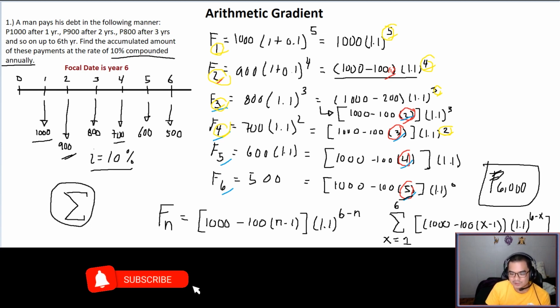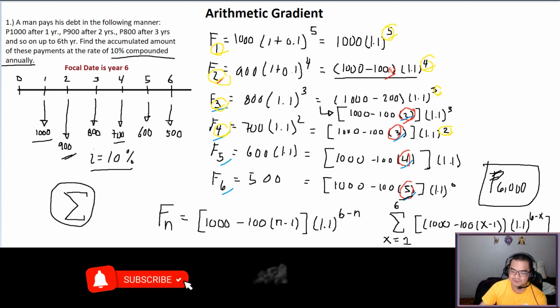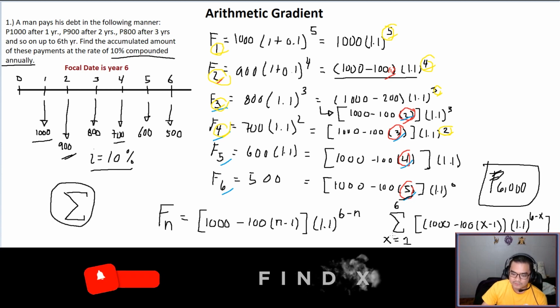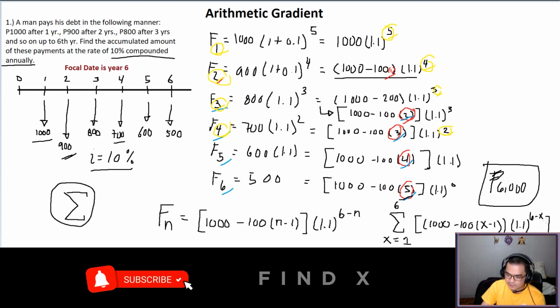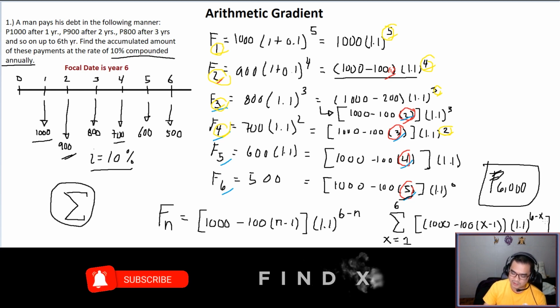Okay, so the summation symbol is really, really useful. What the summation function does is simply, from 1, it will substitute the value of 1 here first, and then it will get a value, and then after 1 it will substitute 2, and then another value, and then 3, another value, up to 6.